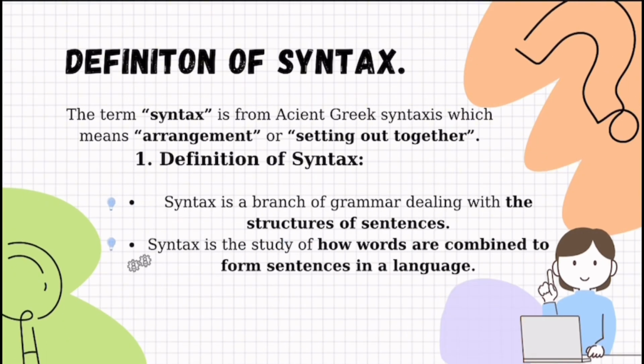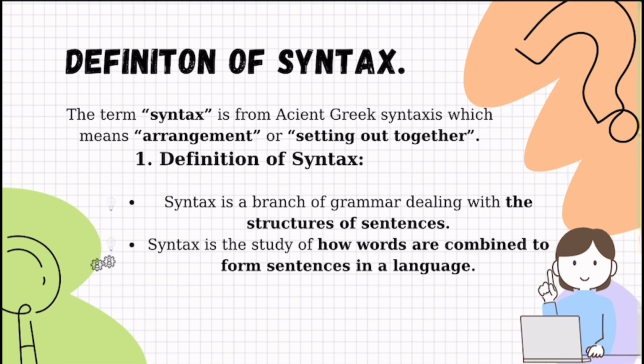The term syntax is from the ancient Greek syntaxis, a verb noun which literally means arrangement or setting out together. Traditionally, it refers to the branch of grammar dealing with the ways in which words, with or without appropriate inflections, are arranged to show connection of meaning within the sentence.